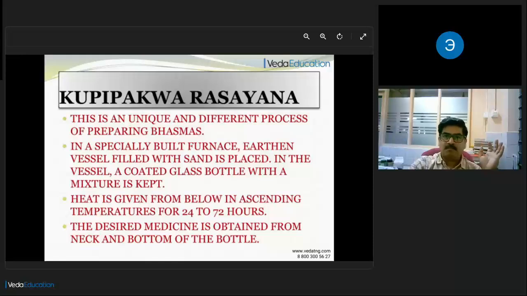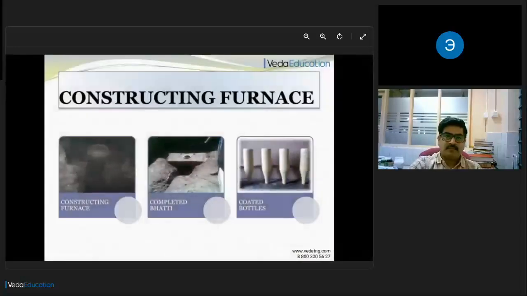The time taken is continuous heating for up to 72 hours.